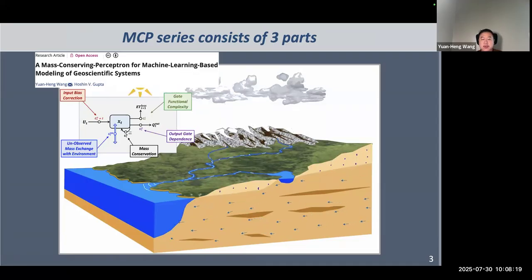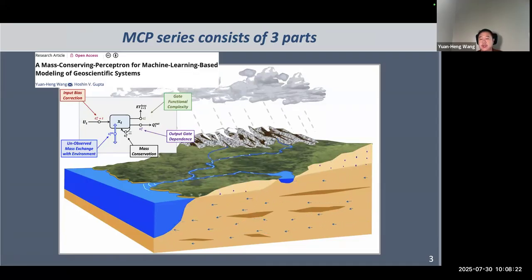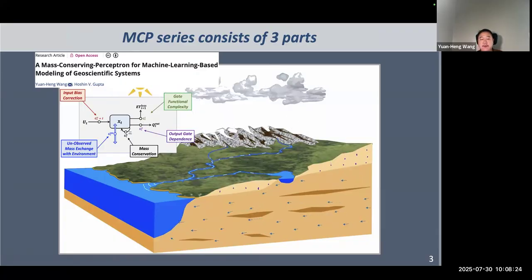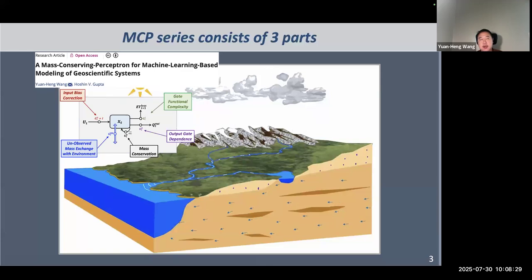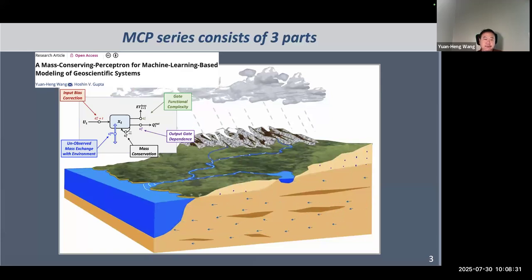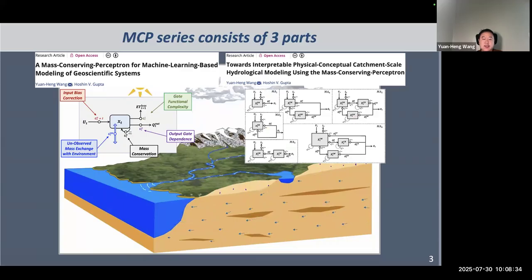The first part is we focus only on the single node, single cell state architecture, and add different hypotheses on top of this single node, such as multiple dissections, input bias correction, etc. The second part is we use the simplest MCP unit to build a two-flow path, 310 KMA hydrological model, where we mainly propose six mass conserving architectures. And of course, in theory, we can also use MCP to build things like GR4J or the Sacramento model or others.